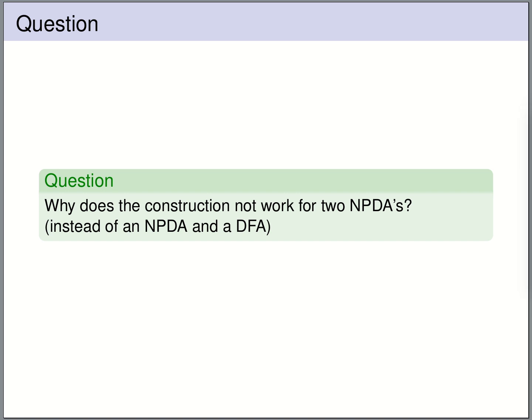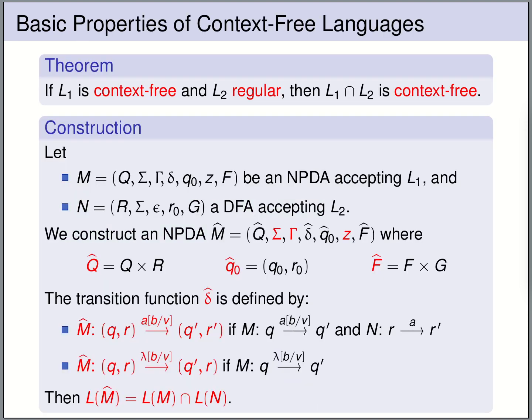So why does this construction that we've just seen not work for two NPDAs instead of an NPDA and a DFA? We have seen that we can do the product construction for an NPDA and a DFA. So what goes wrong if both M and N are NPDAs? The problem is that then we have two automata with a stack, and we cannot simulate two stacks at the same time.